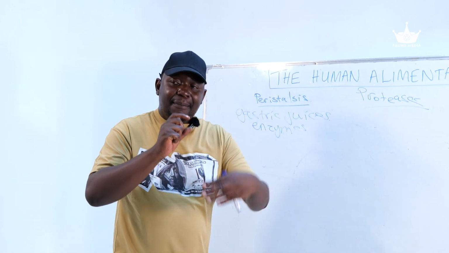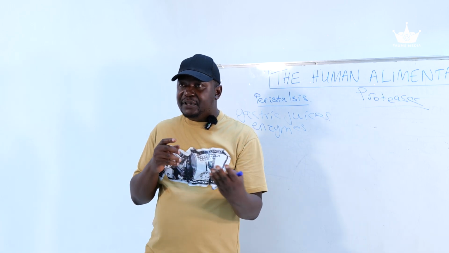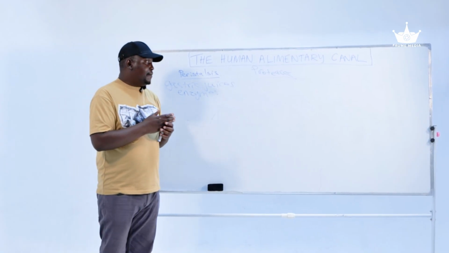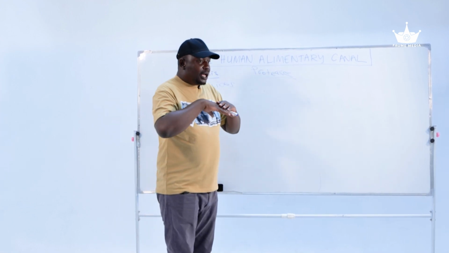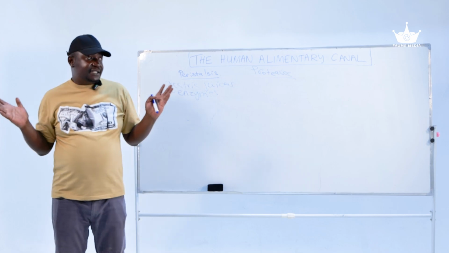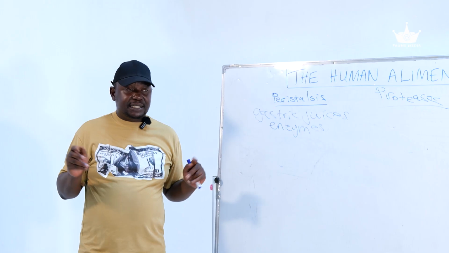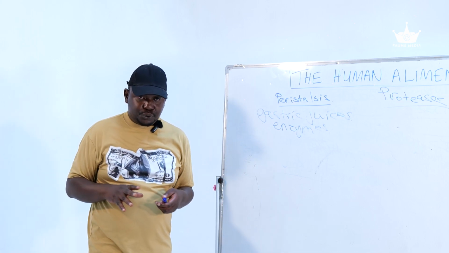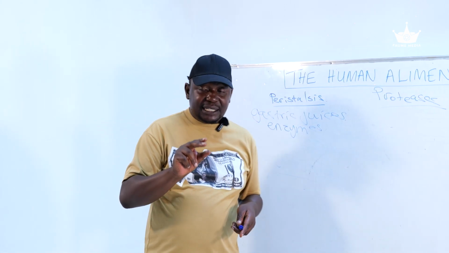And among other functions of the liver, we have the storage of glycogen, and many other functions. Today I'm going to focus my discussion on the digestive processes that actually take place within the human alimentary canal.